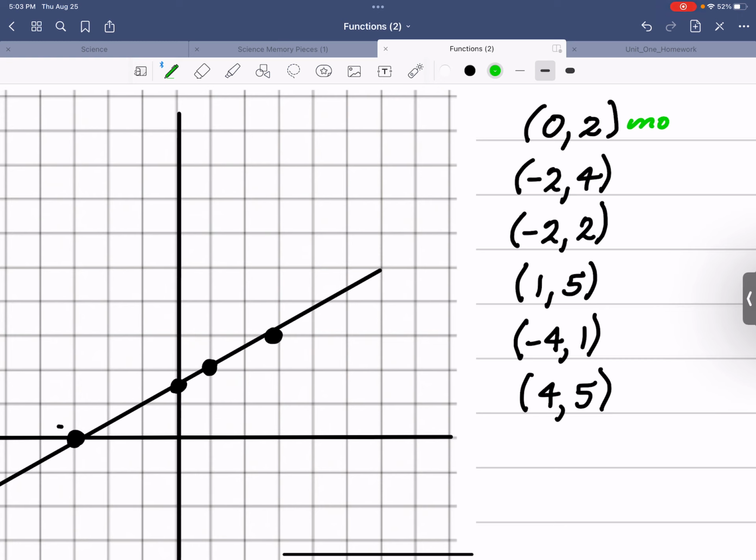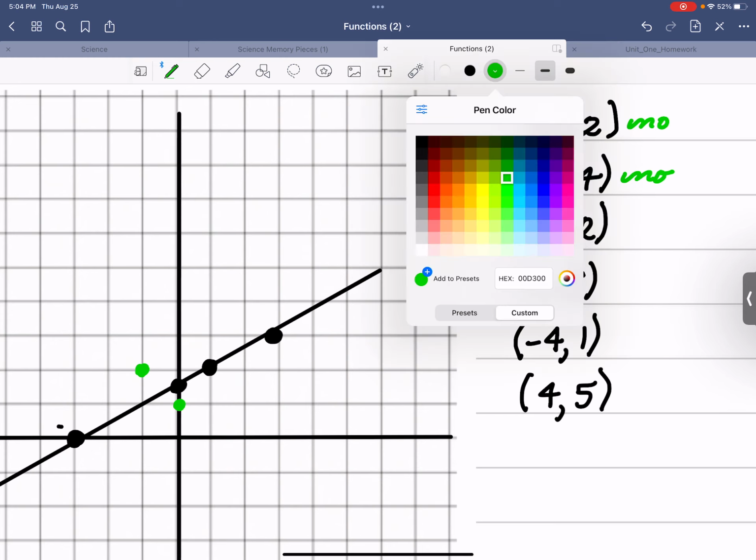-2, back 2, up 4. So we go back 2, up 4, which is right here. That point is not on the line. I think I'm just going to leave these in here so you can see them. -2, +2.